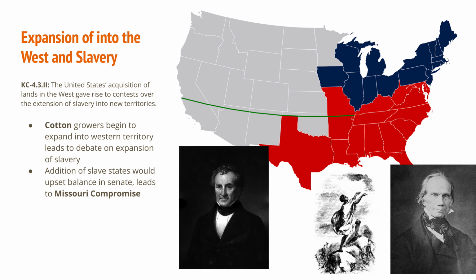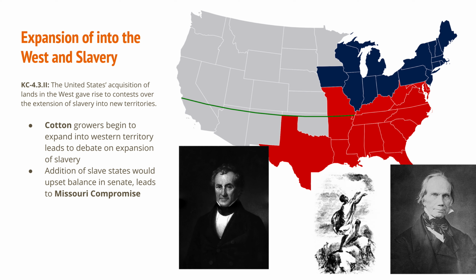All right, and then the expansion of slavery into the West and the United States acquisition of lands in the West gave rise to contests over the extension of slavery into new territories. So cotton growers, they continue to move westward as the land in the Southeast is exhausted of its nutrients and minerals.